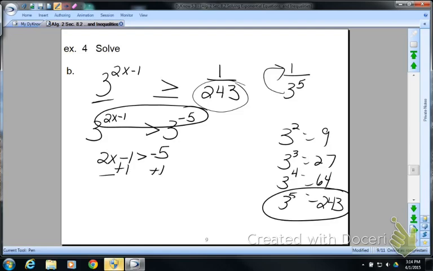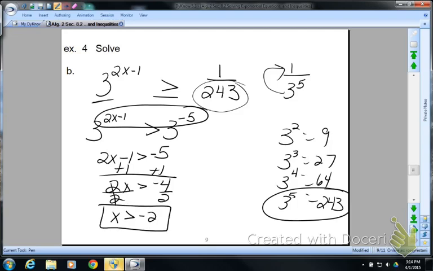Add 1. Add 1, divide by 2. So we get x is greater than negative 2. It's a greater than or equal to, I forgot my equal sign. Now, when we go to put it in interval notation, it's negative 2 with a bracket to positive infinity.